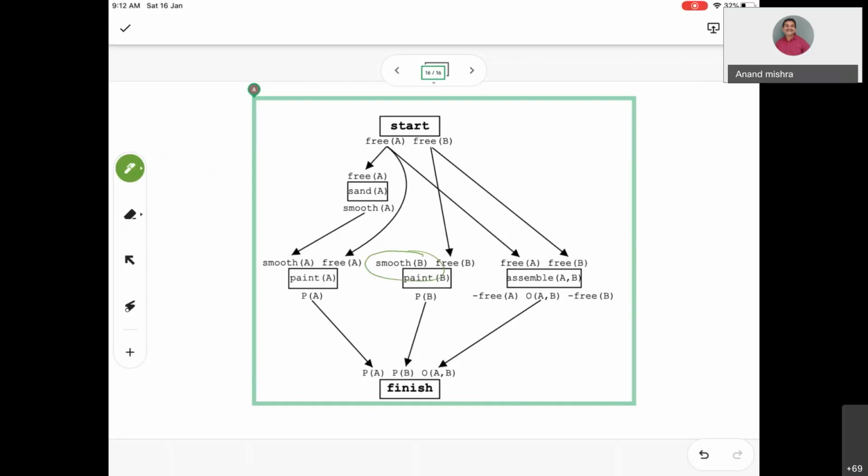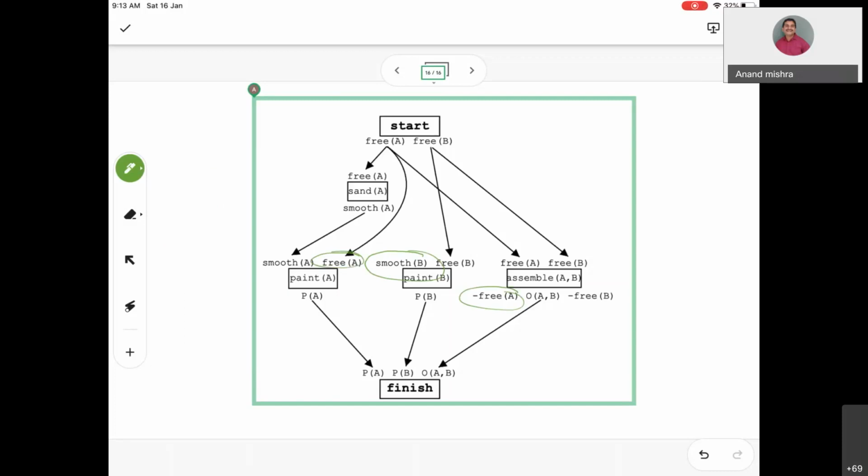Assemble AB threatens paint A by its effects, pre-A. Is there any threatening happening here? There is a threatening happening here. So if you look into this pre-A, that also means that you cannot really first assemble and then paint, right?